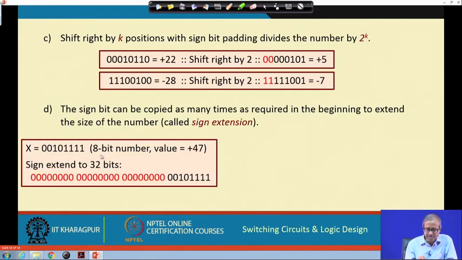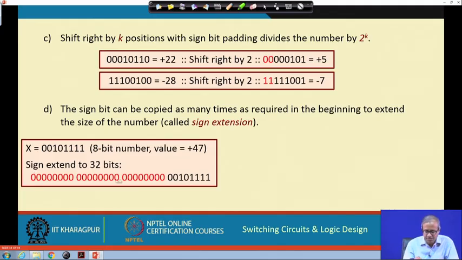Like you consider an 8-bit number, let us say plus 47. In 8 bits, this is plus 47, you can verify 1, 2, 4, 8, 16, 32, 32 plus 8 plus 4 plus 2 plus 1. Now, suppose I want to represent this number in 32 bits. So, I have this representation and I add 24 zeros in the beginning. This is called sign extension.